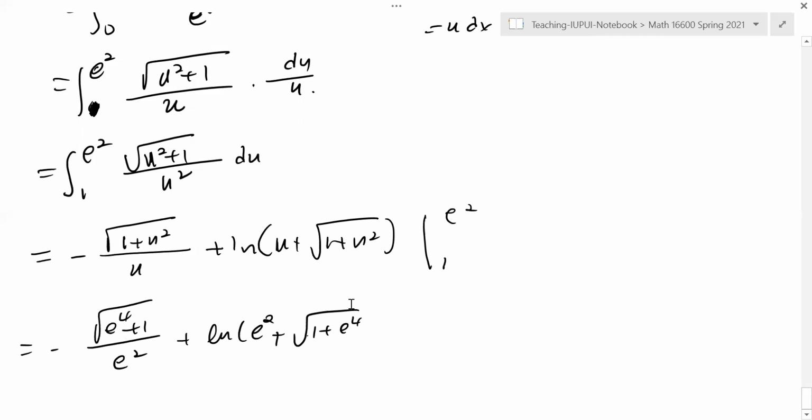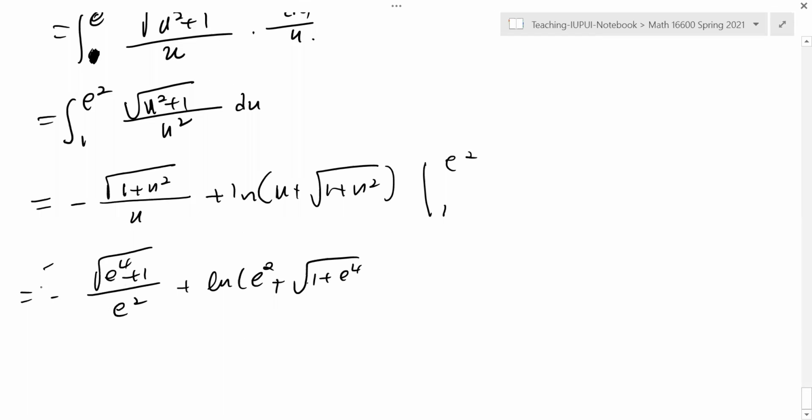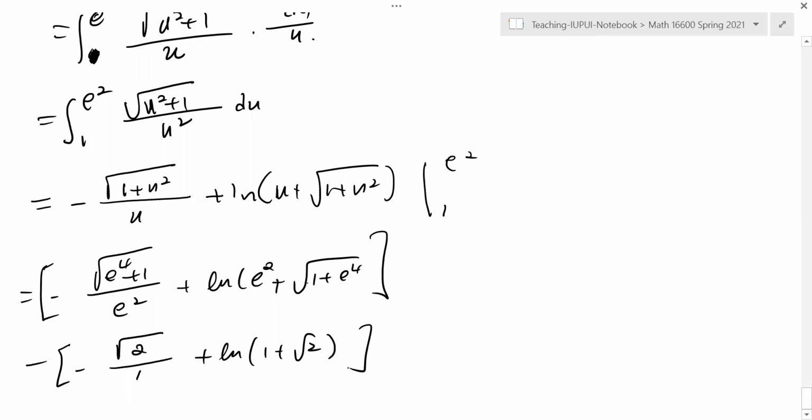That's the first part. The second part is when it's 1. It's the exact value, but a very complicated exact value. But we can evaluate.